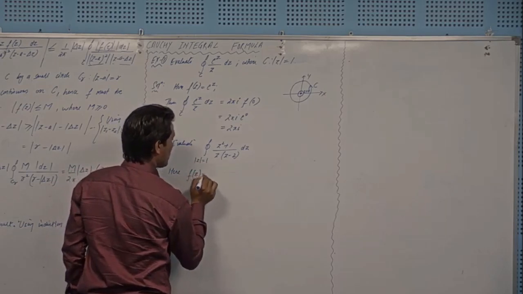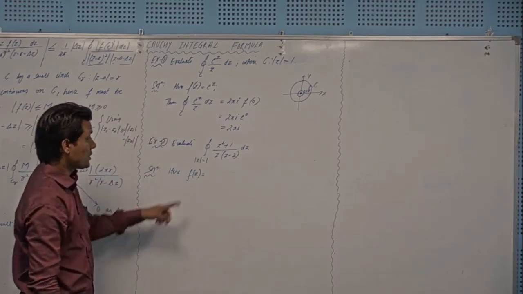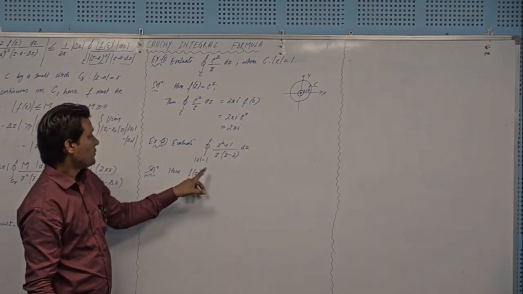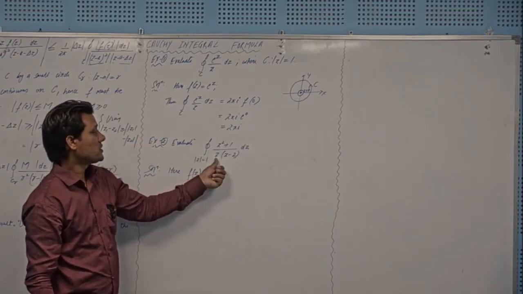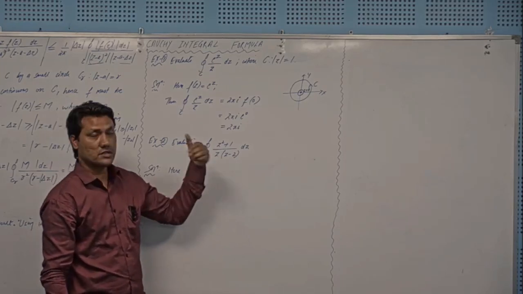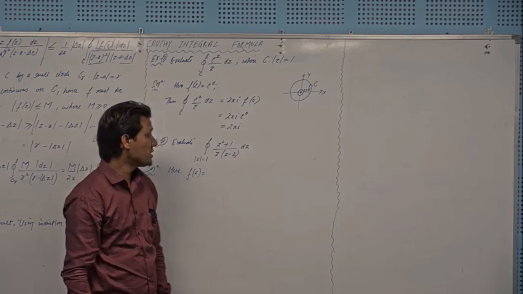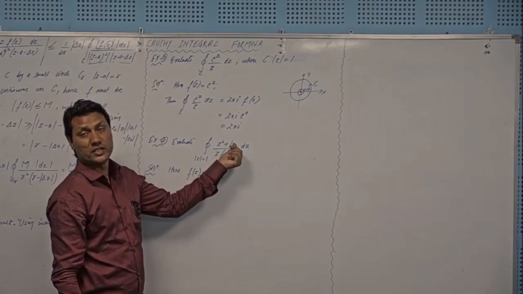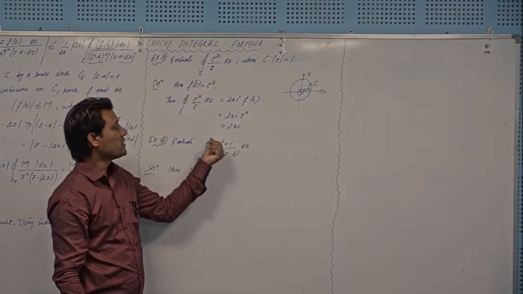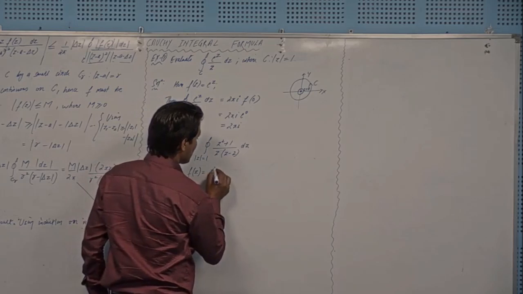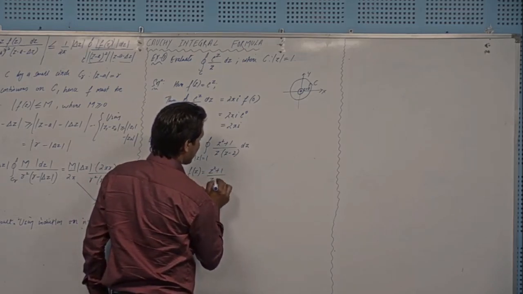Here the contour is the same, mod z equal to 1. If you focus on this denominator, z equal to 0 lies inside this circle, but z equal to 2 lies outside the circle. It implies that this z minus 2 should be taken in the numerator in order to get f(z) correctly. So your f(z) would be equal to z square plus 1 over z minus 2.